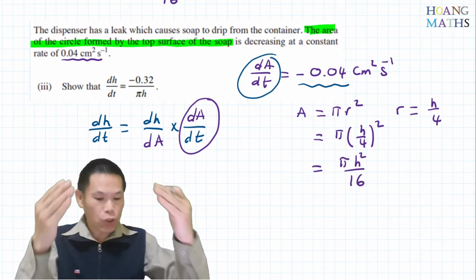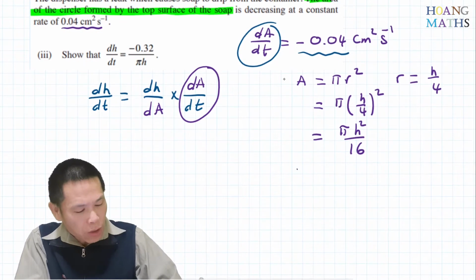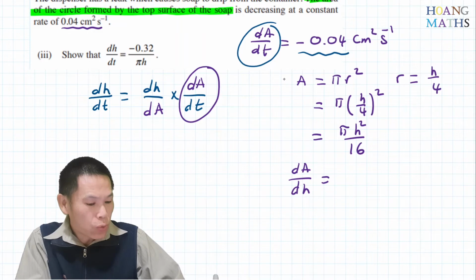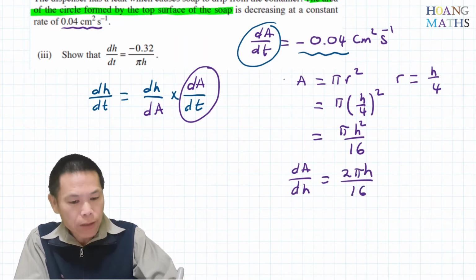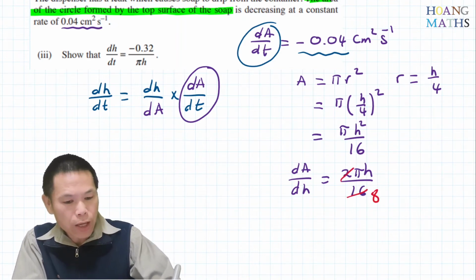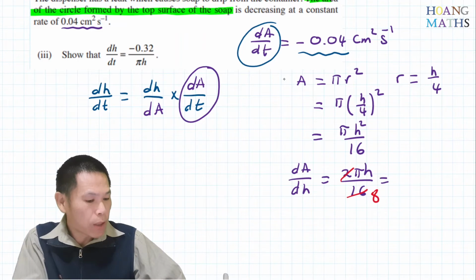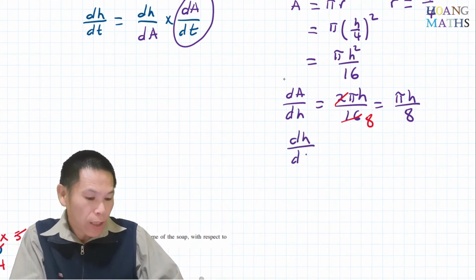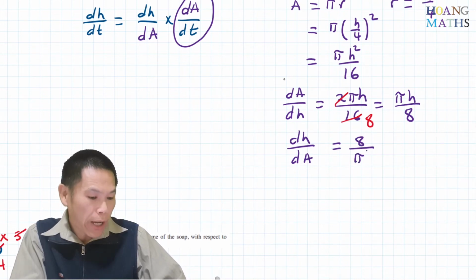And if I differentiate this, dA/dh, I bring the 2 down, becoming 2 pi h over 16. If I simplify this, that gives me 8. So this gives pi h over 8, which means dh/dA is equal to 8 over pi h.